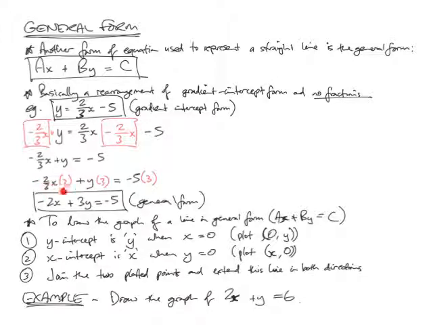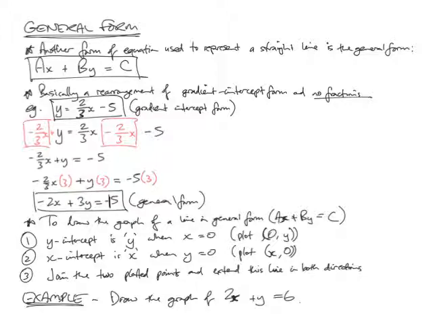So negative 2/3 times by 3 is going to be negative 2 straight up, so it's going to be negative 2x. 3 times by y is going to be positive 3y, and then 3 times by negative 5 is going to be negative 15, not negative 5. Alright, and that is this equation here, which was in gradient intercept form, in general form down here.